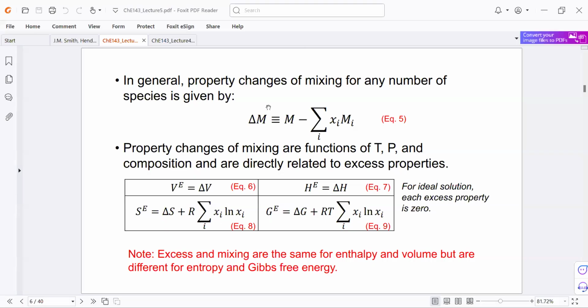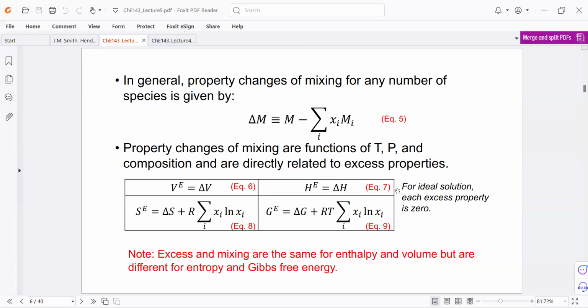The reason is that aside from being a function of temperature and pressure, for entropy and Gibbs free energy, just like our reasoning before, this term right here also makes it a function of composition, which is due to the entropy increase due to random mixing.